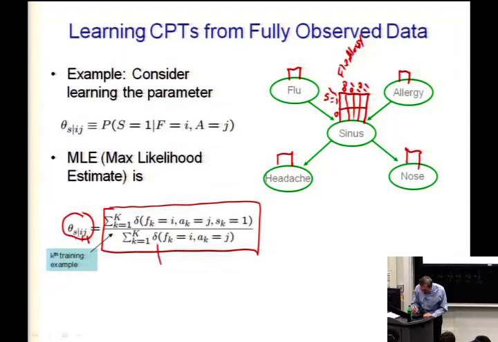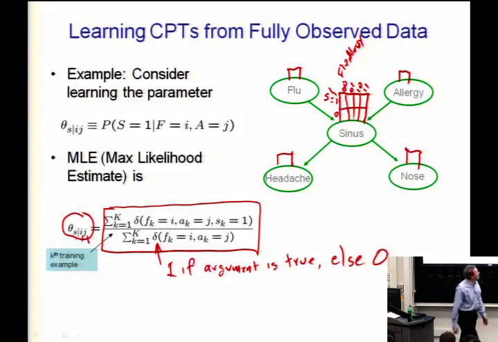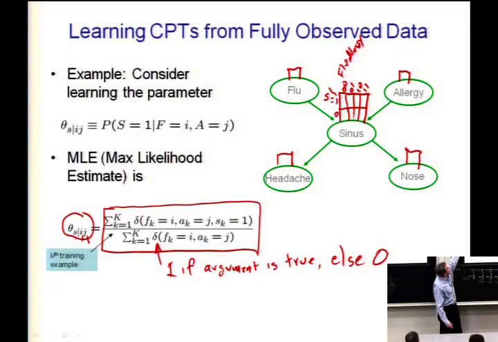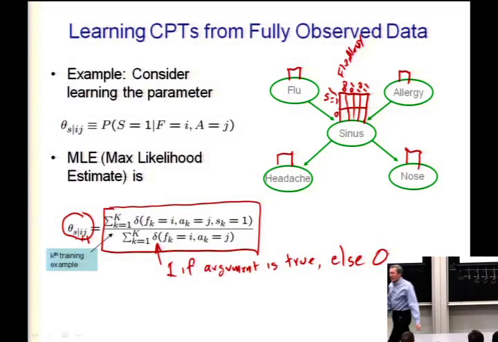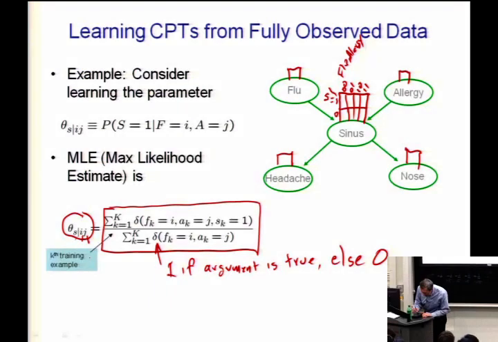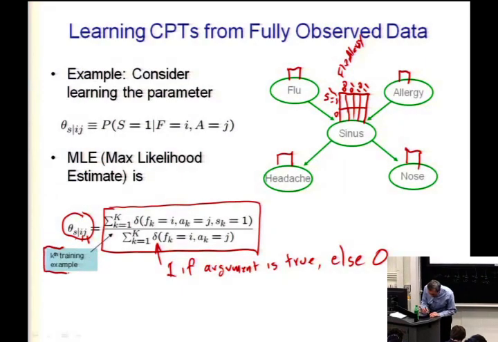Today I'm going to use this symbol delta to mean this will be 1 if its argument is true, else 0. So basically my maximum likelihood estimate for this is just the ratio of how many of my training examples, so K here is the kth training example.